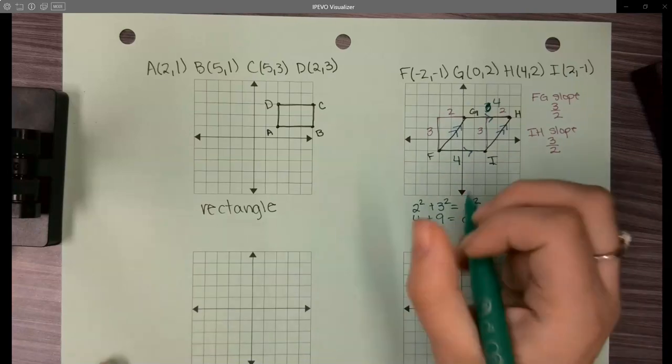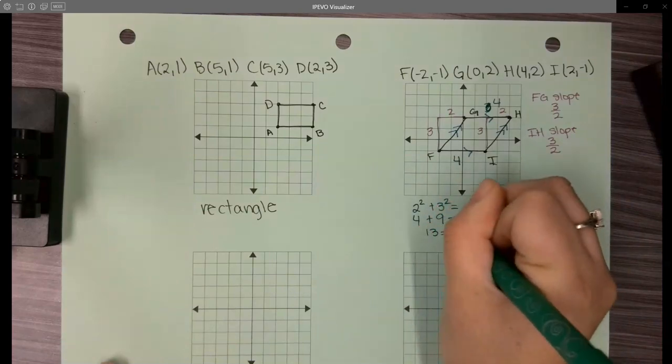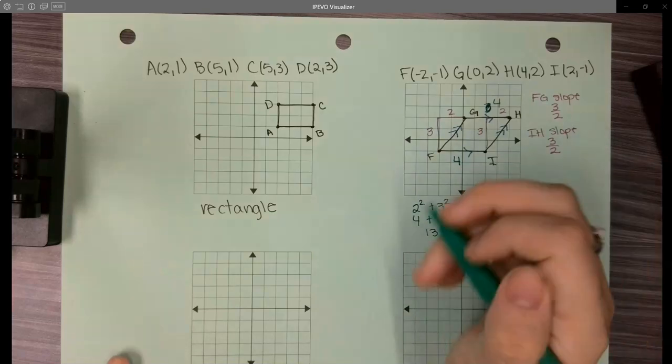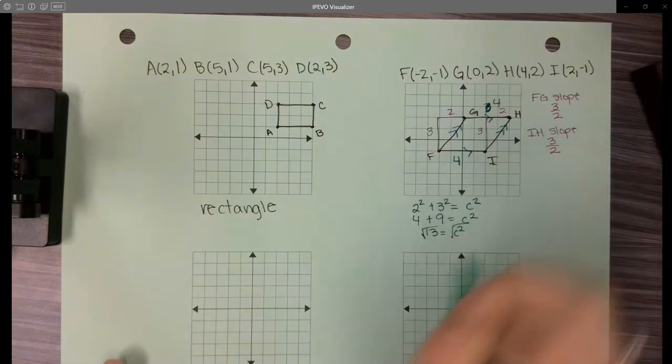Okay. 4 plus 9 is 13. Then I would go and take the square root of both sides.